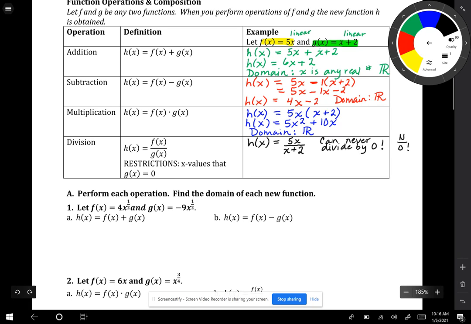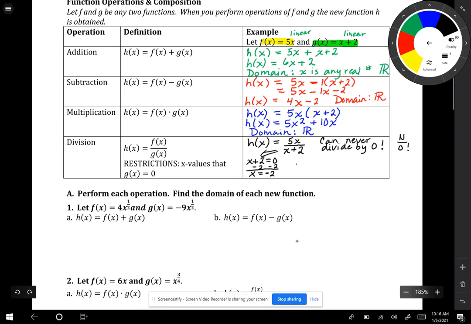So what number will x have to be so that you end up with 0 in the denominator, which is what you don't want? So what you always do is you take your denominator, and you set it equal to 0. Doesn't matter what the numerator is. Subtract 2 on both sides. x equals -2.